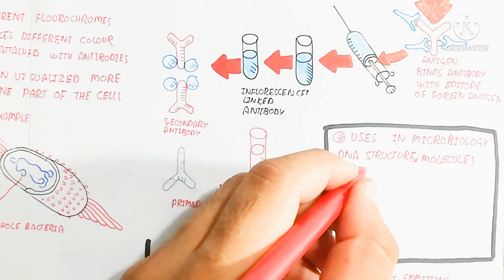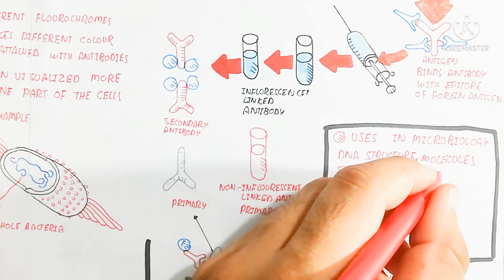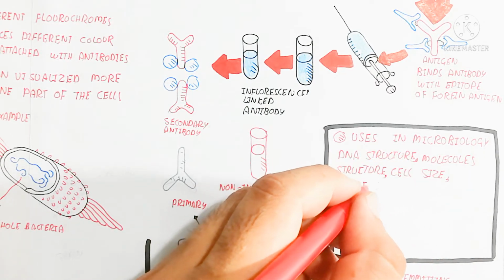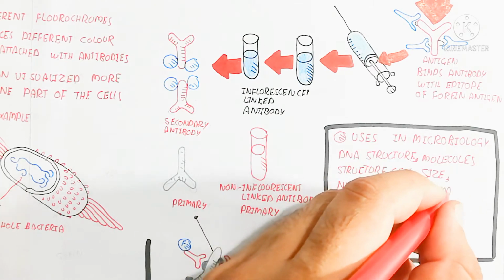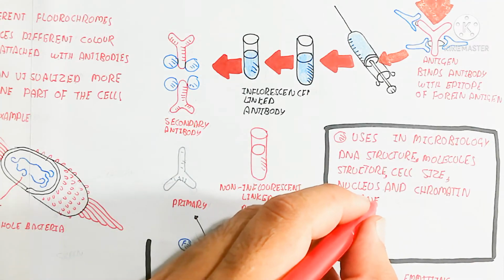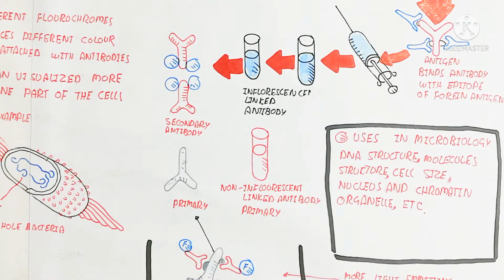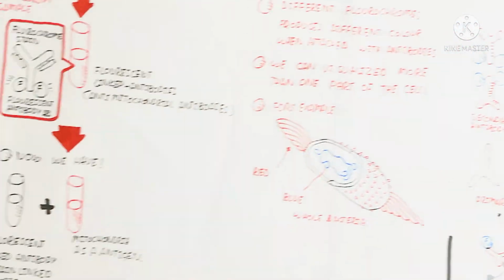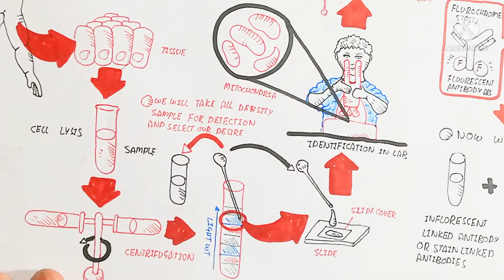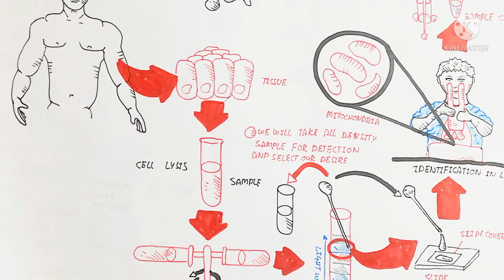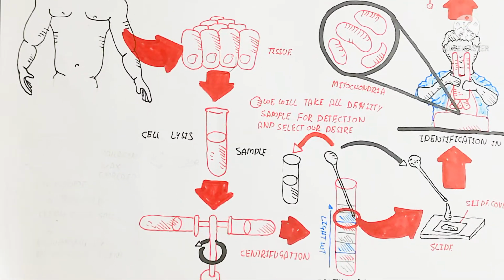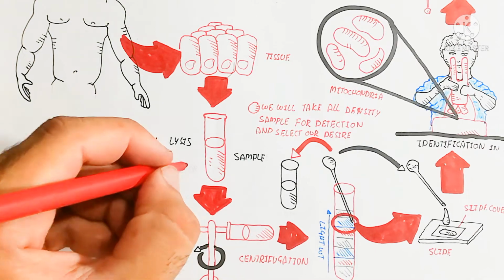One more thing is important: we take the sample, and here we do not do cell lysis. We put the sample into paraffin wax, embedding it, and cut it with a microtome.